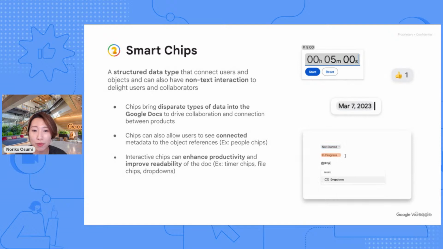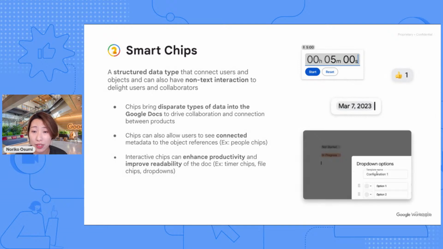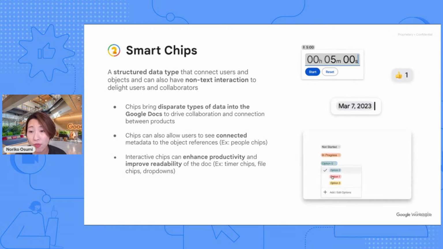But what we've done here with smart chips is we've started to bring together a lot of different types of data into Google Docs to drive collaboration and connection between products. These chips can allow you to really see connected metadata. So things like when you hover over a particular chip, or maybe when you click on a particular chip, you can start to see more than just the person themselves, but also the details about who that person is.